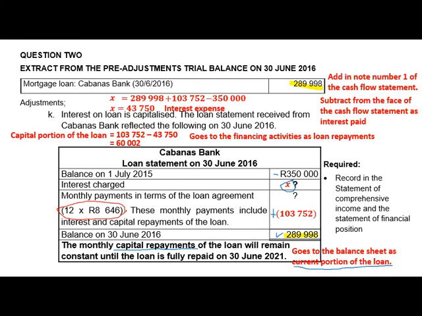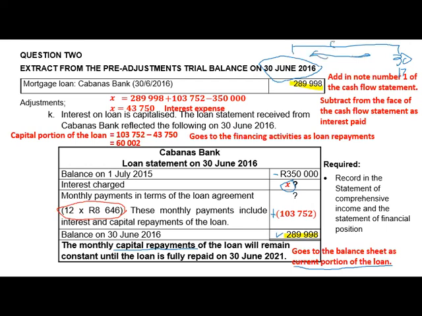Remember, we are looking at everything from the end of the year. What is the end of the year here? So the next 12 months will be 30 June, but 20 what? 17. Anything that will be repaid within that is a CL.